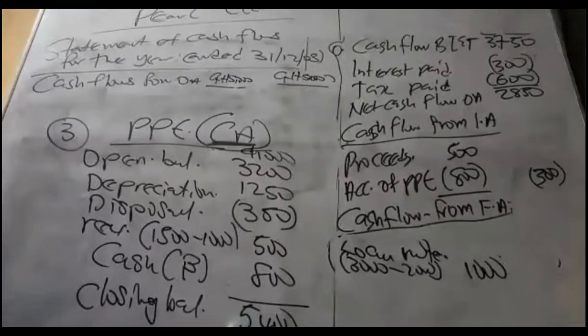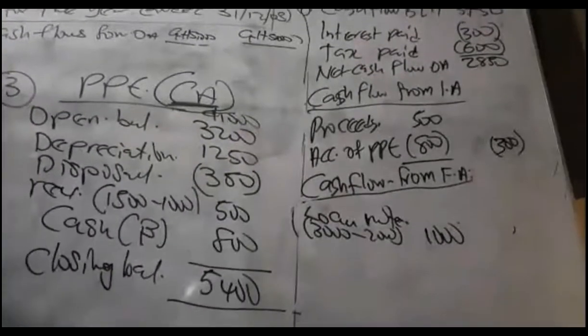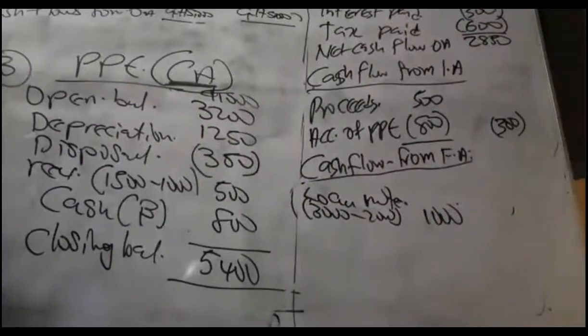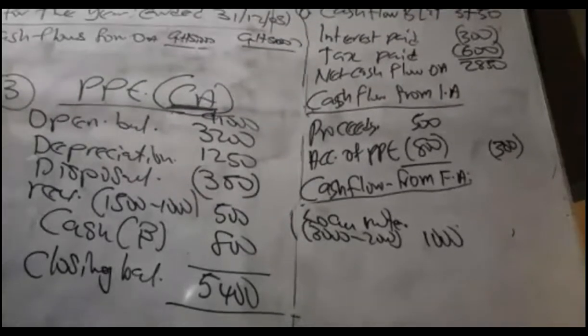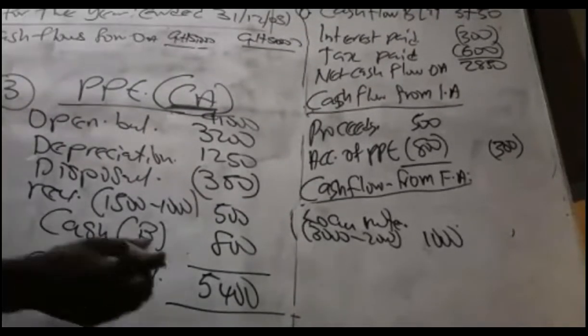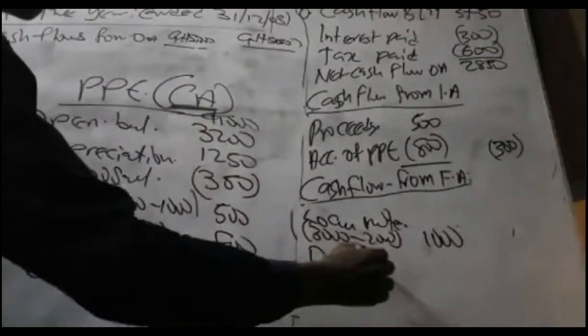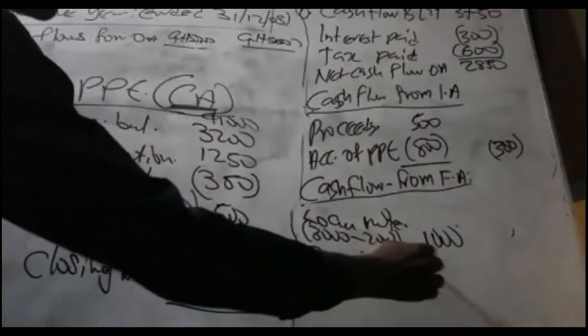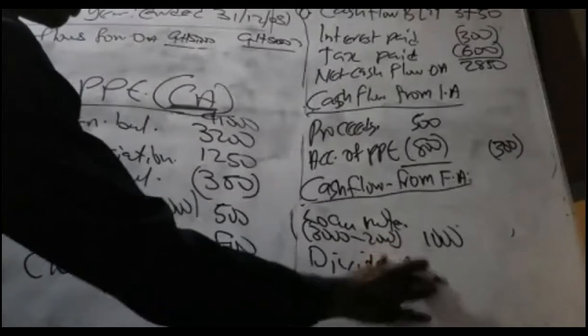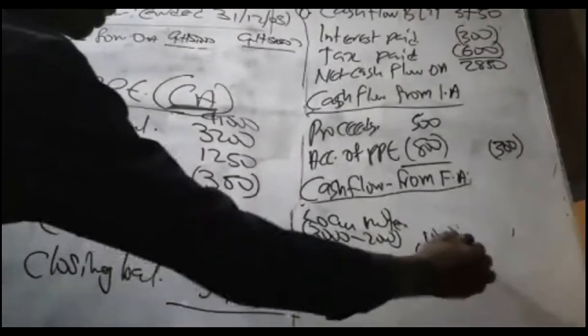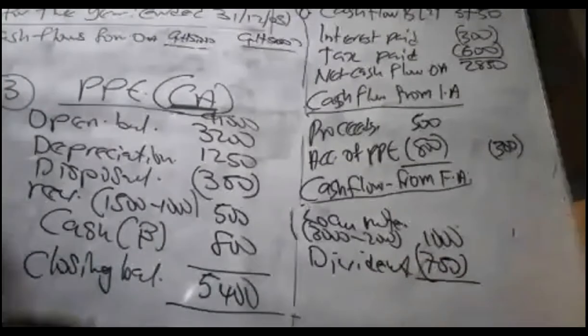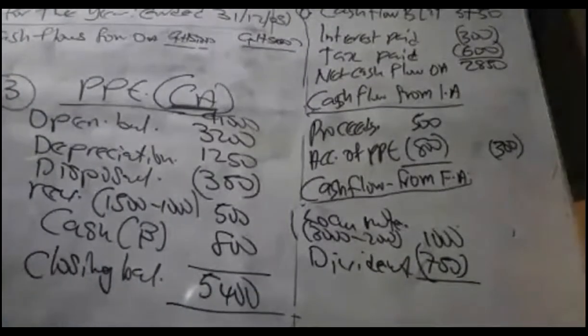Let's capture every part of this section. So dividend paid is 750. You take it off, then you get the net cash flow from where?